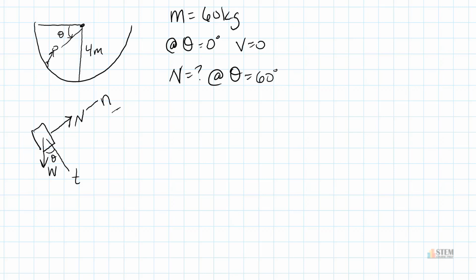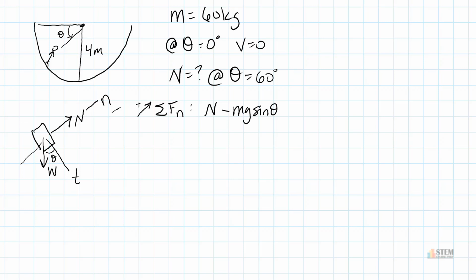Next thing we want to do is sum up our forces. Let's do the n direction first. Remember that is the positive n. We have a normal force that lies directly on the n-axis, so we put plus N. Then I have a weight component going in the negative direction, so we put a negative mg sine theta for the weight.